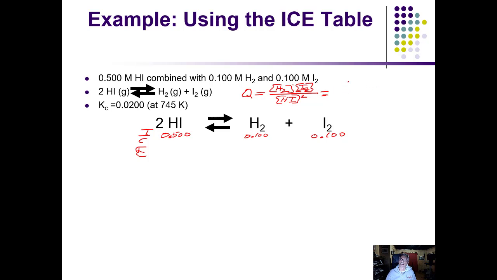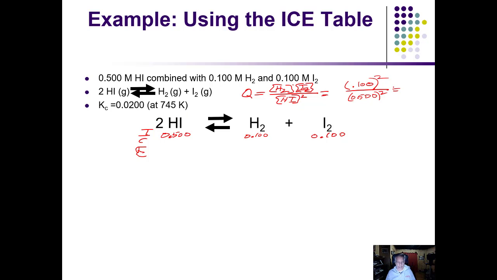So for H2, we've got 0.1 times 0.1. That's just going to be 0.100 squared. And for HI, we've got 0.500, also squared, this time squared because the coefficient is 2.